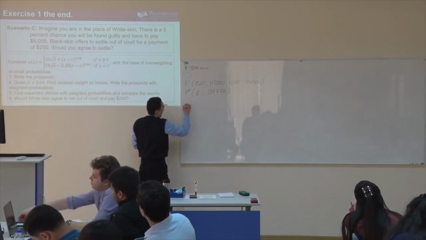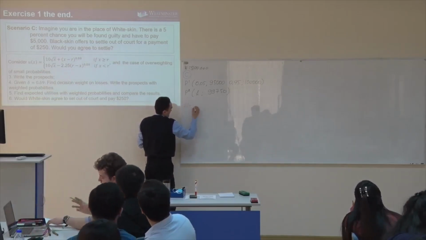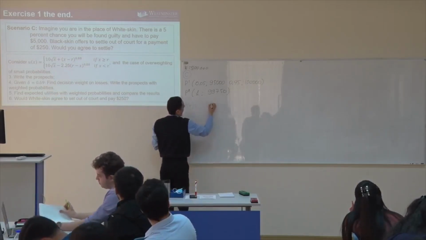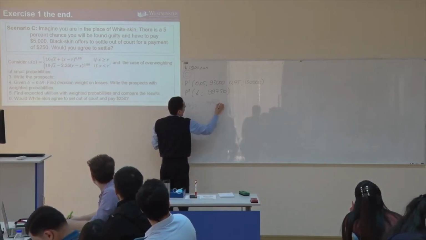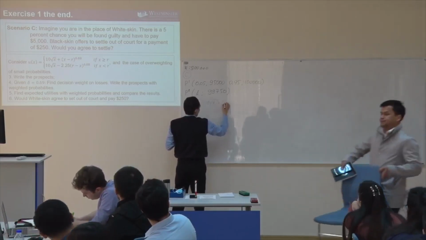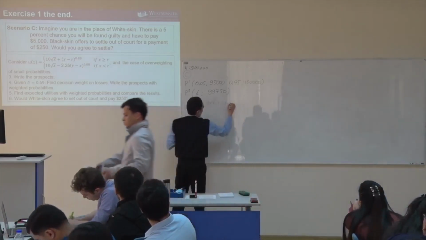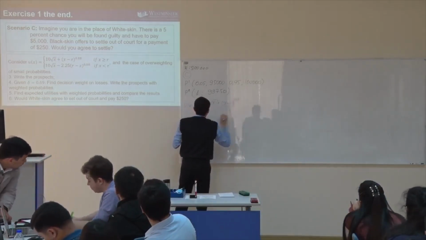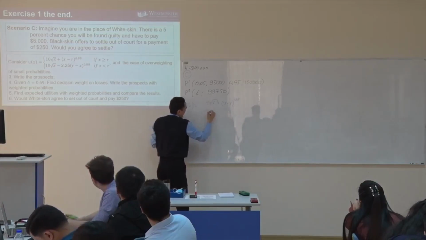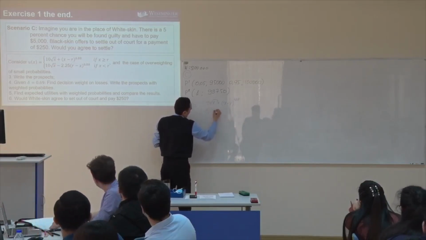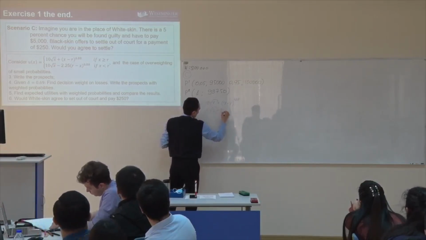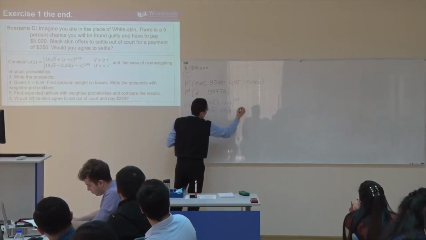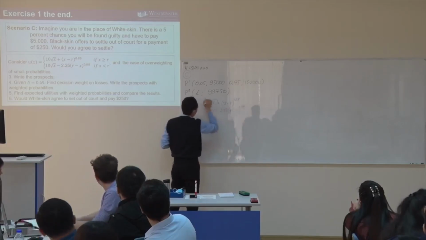So we have 10 in the square root x plus, our final wealth minus reference point in the power of 0.88, and 10 in the square root of x minus 2.25, reference point minus final wealth in the power of 0.88.